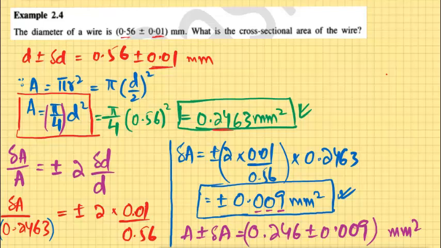This is how I am going to represent the final answer, and you can see that the calculated value for area has 3 decimal places and the uncertainty also has 3 decimal places. So while writing the final answer, we need to make sure that they both have the same decimal places, and the error should be rounded off to one significant figure only, and this is our final answer.